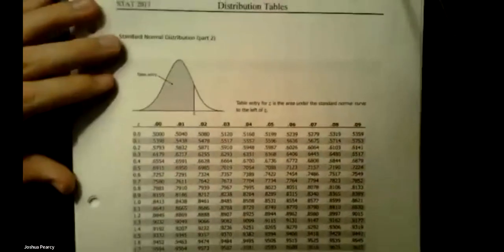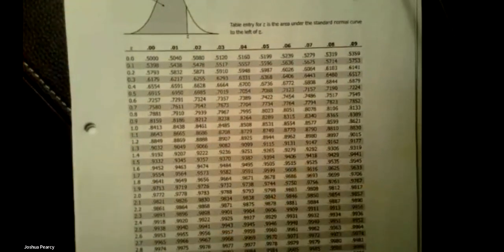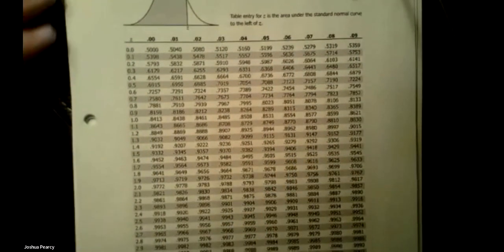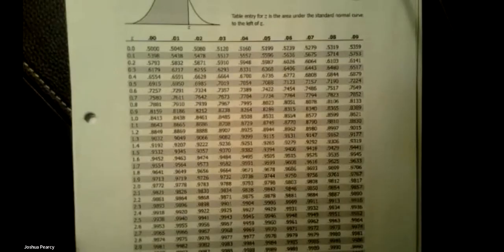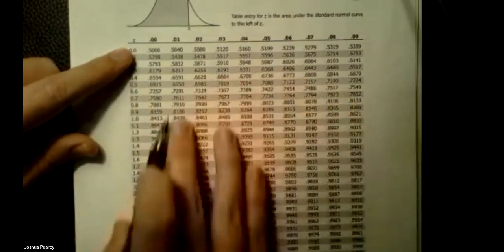What I'm saying you need to do is look in the middle right here. So these are the areas to the left of z-scores. Those are the probabilities associated with them. These are the z-scores corresponding to these areas.